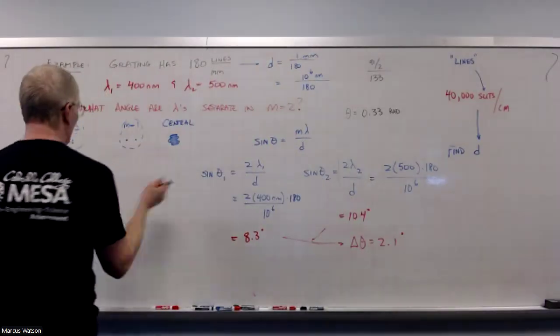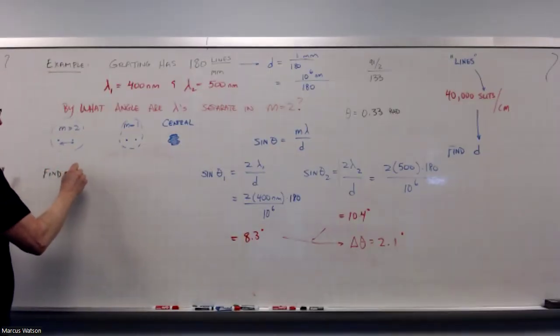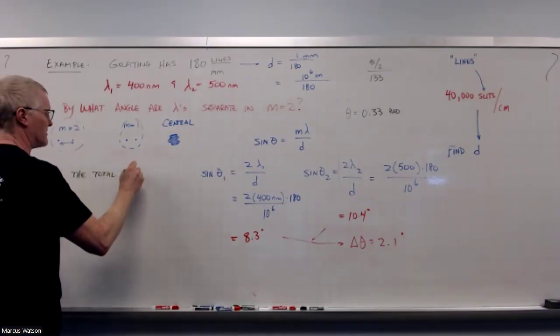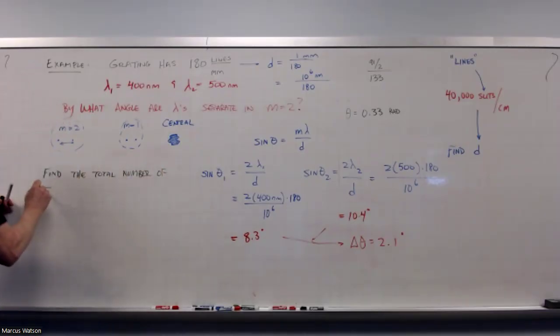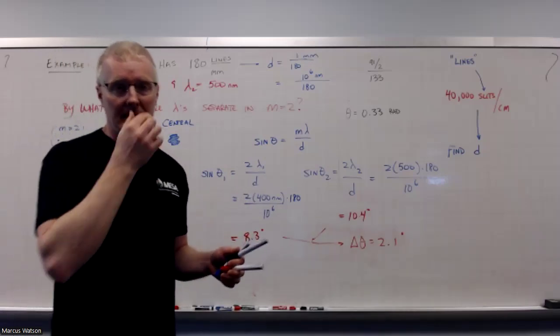Let's find the total number of fringes for each wavelength.